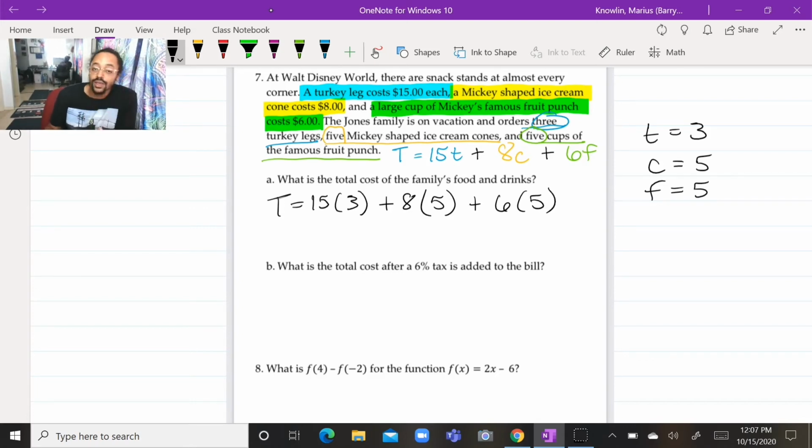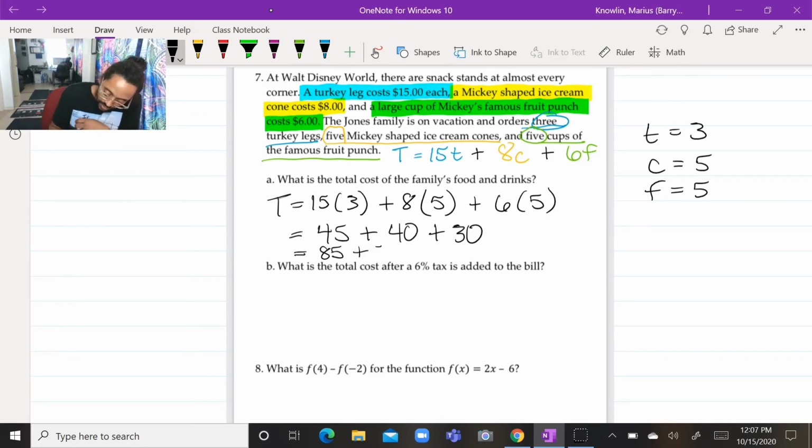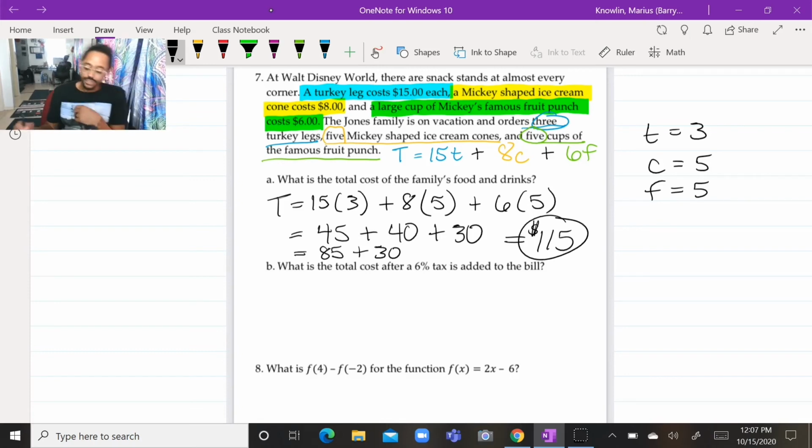And now we just use our order of operations to solve this. 15 times 3 is 45, plus 8 times 5 is 40, plus 6 times 5 is 30. When we add all of that up, our total cost is going to equal $115. We're done. Okay, seemed like a mouthful.